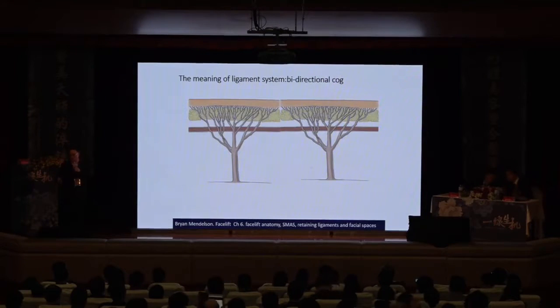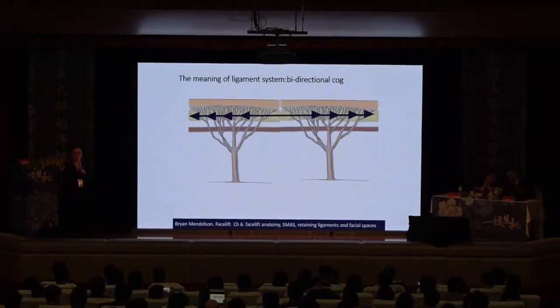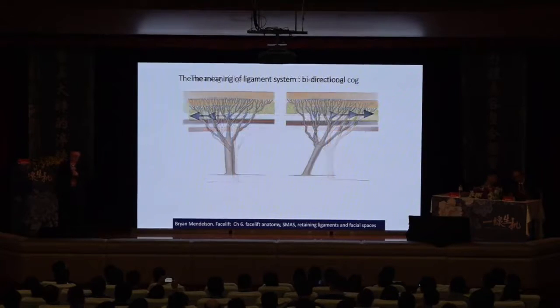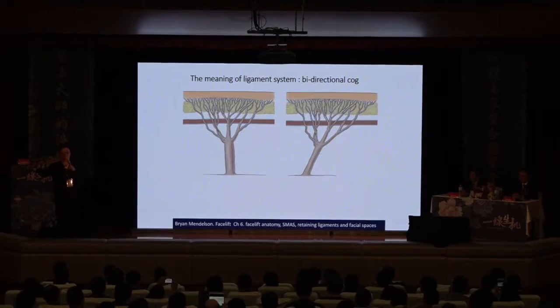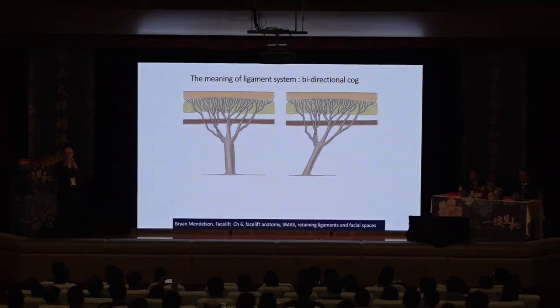When I use the bidirectional cog on a strong ligament, it moves the soft tissue toward the middle of the bidirectional cog. But a more advanced case: on the left side, there is a stronger, thicker and wider ligament system; on the right side, a relatively weak ligament system.